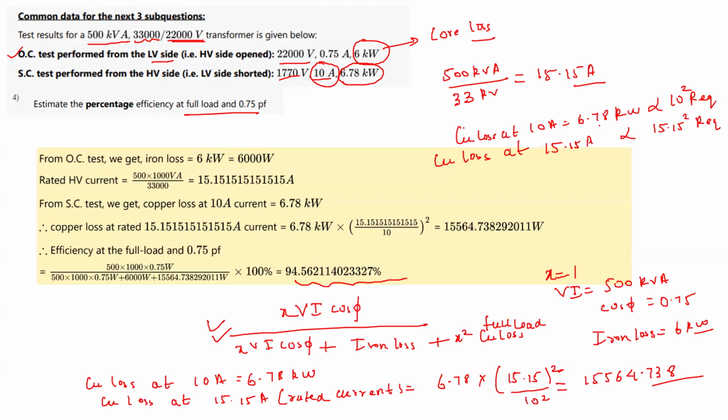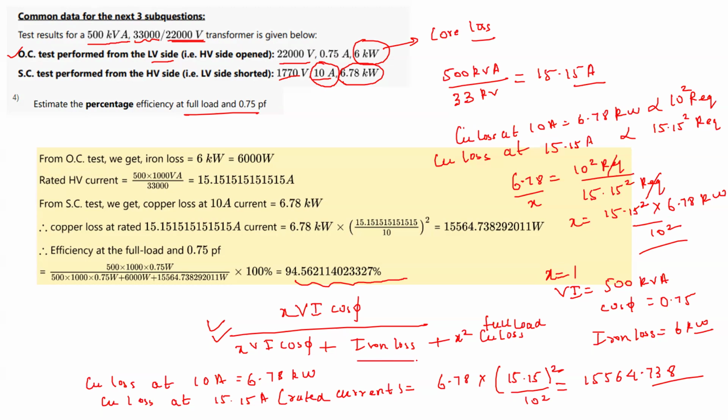So if I divide, I have 6.78 is equal to 10 square R equivalent by some x value which I want to determine, which is 15.15 square R equivalent. So R equivalent will get cancelled. So x will be 15.15 square into 6.78 kilowatt by 10 square. Is it now clear? Okay, like this.